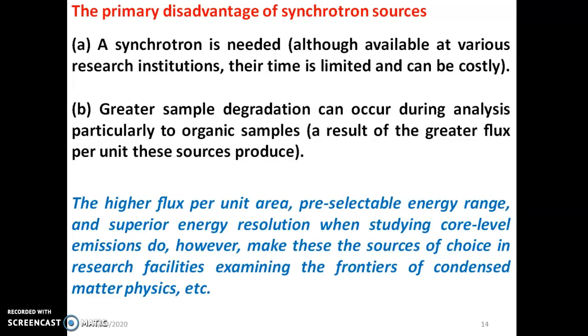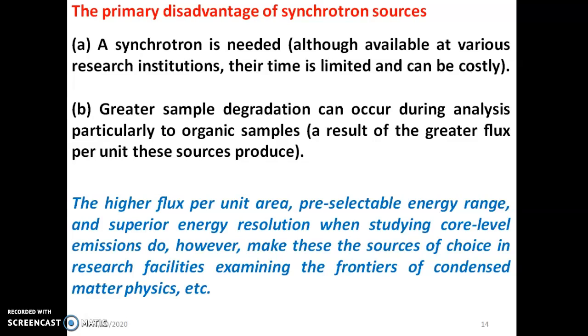But at the common lab level, standard sources are used, and standard sources with a monochromatic assembly are commonly used in XPS. In the case of synchrotron also there is a need for monochromaticity, therefore the monochromator assembly is used with the synchrotron source also, and it is used with the standard source also.